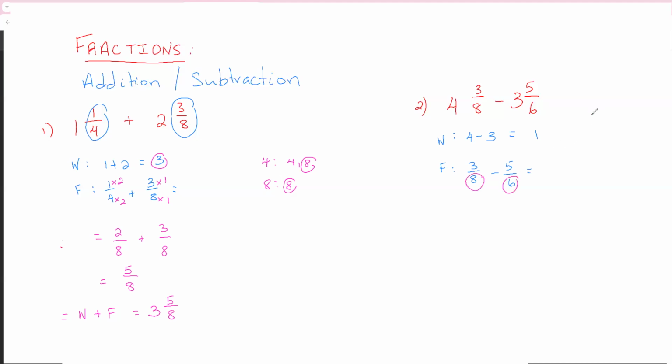So you're looking at the 8 times and the 6 times. Learn your times tables and it will make this part easier. If, however, you still have trouble with your times tables, you could write it out. So you have your 8 times. If you forget it, just keep adding 8.